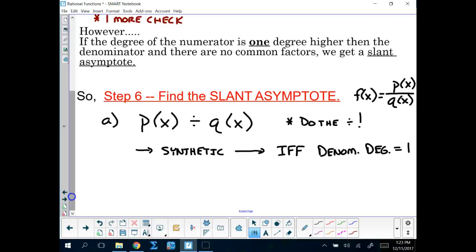Another way of saying it, the denominator has to be linear.